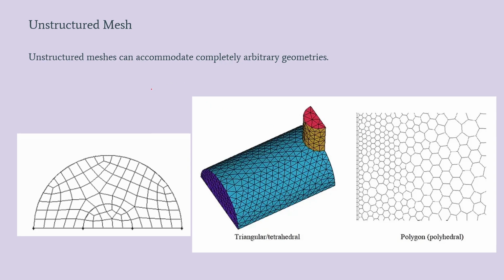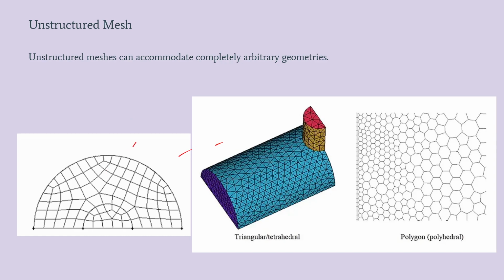When it's an unstructured mesh, you can see these are the examples for unstructured meshes. The unstructured mesh is completely random. It will try to subdivide the given volume or area into smaller domains of required refinement with any type of elements.